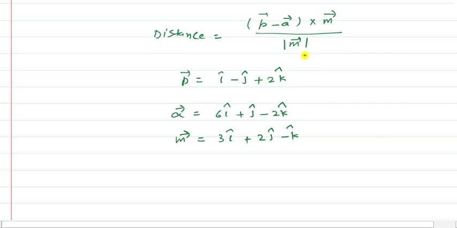So simply we need to put the values of all these over here. First of all, let me calculate vector p minus vector a, which is equal to -5i - 2j + 4k. Now we need to calculate the cross product of p minus a with m.